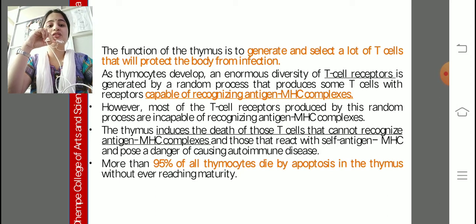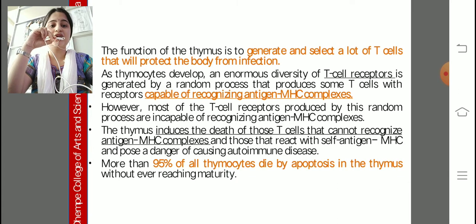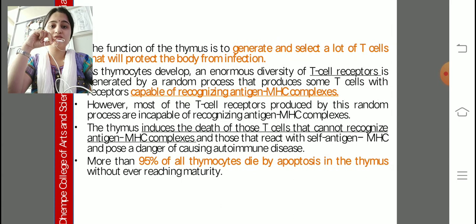Most of these T cells are not capable of recognizing the antigen which is presented, and they have to be eliminated. This happens right here in the thymus. The thymus induces the death of those T cells that cannot recognize the antigen MHC bound complexes, and also eliminates those which bind to self antigen and cause autoimmune disorder.